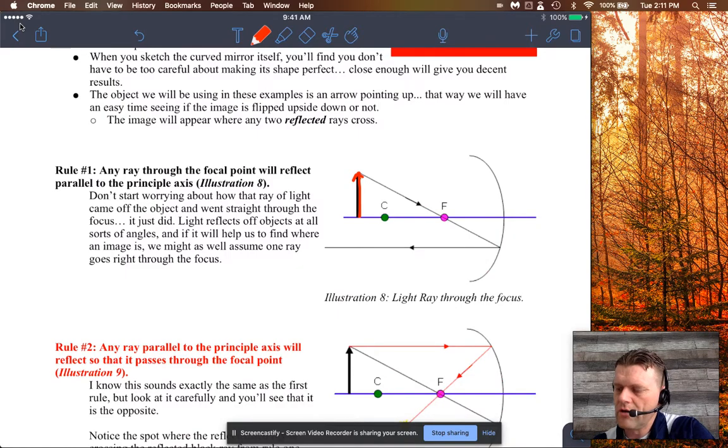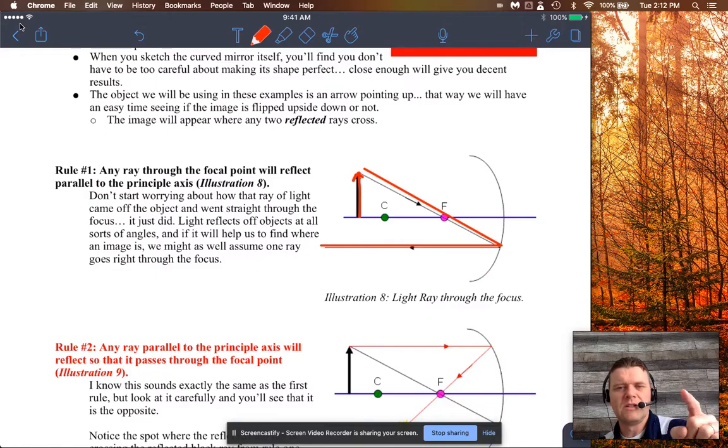What we draw here, the first ray you can do is a ray of light that could come off of the top of the object and pass through the focal length. And I can kind of mirror this, no pun intended. And what happens is that ray of light will always reflect parallel to the principal axis.